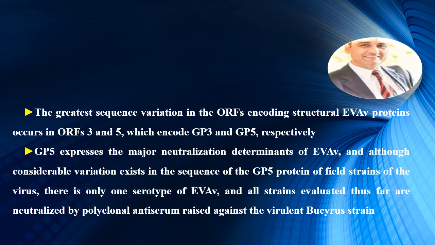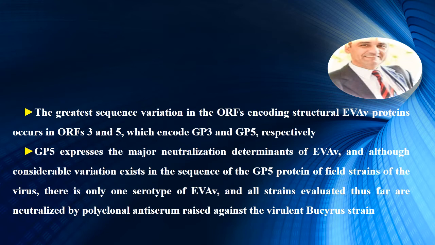The greatest sequence variation in the ORFs encoding structural equine viral arteritis virus proteins occurs in ORFs 3 and 5, which encode GP3 and GP5 respectively.